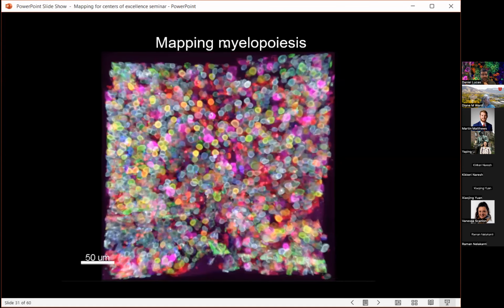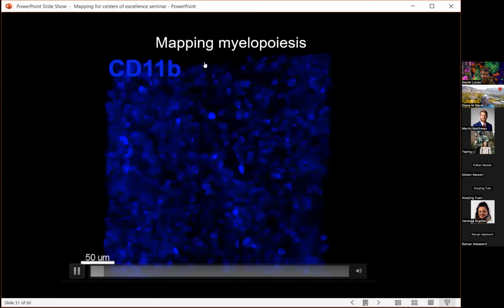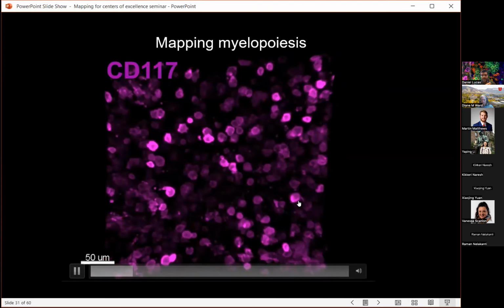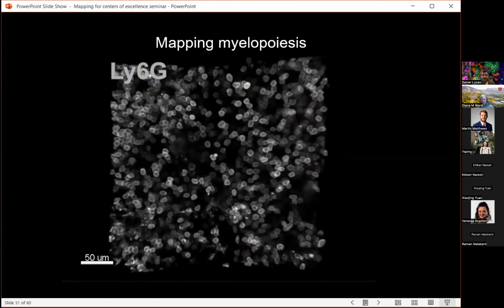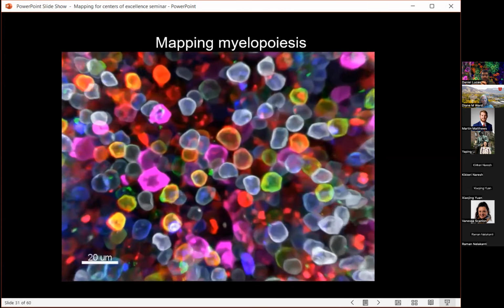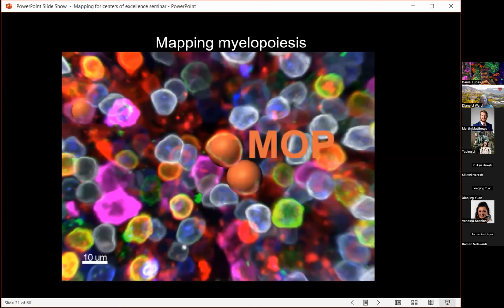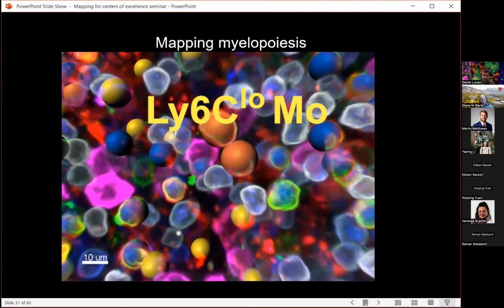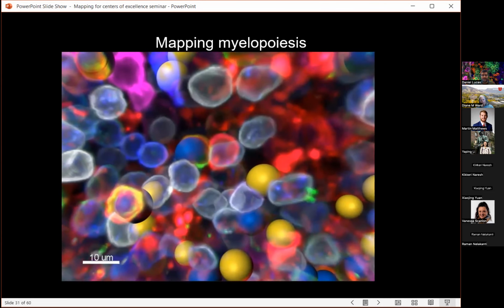So when we do our stains and we finally finish the imaging, this is what we see. This is a 50 micron optical section, which is as deep as the antibodies penetrate in an overnight stain of the marrow. And you are going to see the different stains and how they look. And what we are going to do is replace each of these cell types with a dot in the center of the cell, so that we can translate this imaging data into data that the human mind can understand.